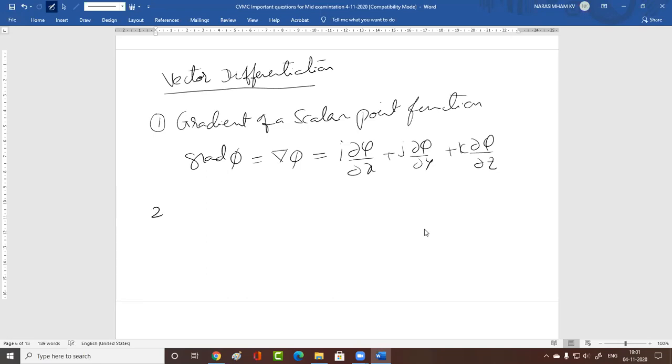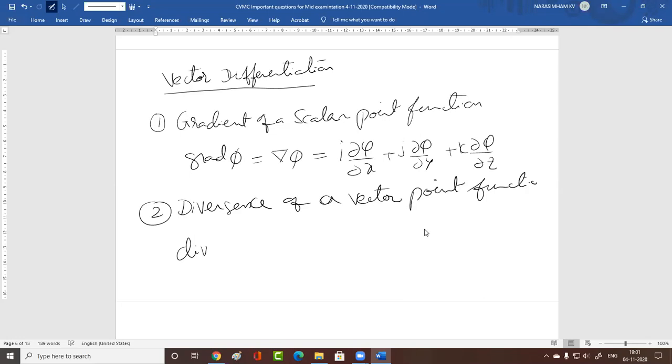The second one is divergence of a vector point function. So it is denoted by div.